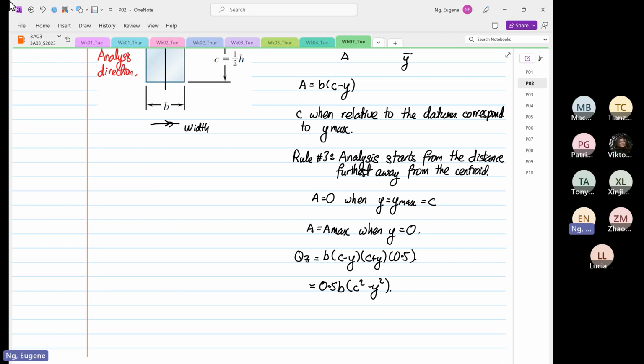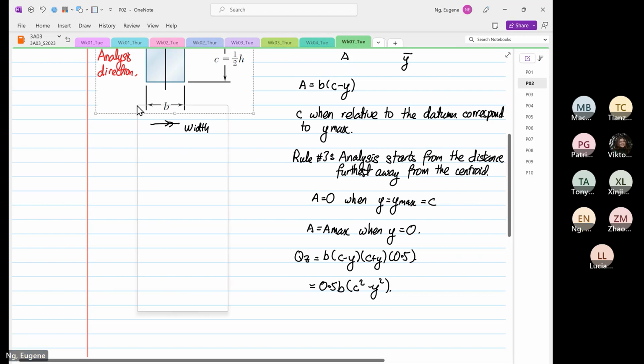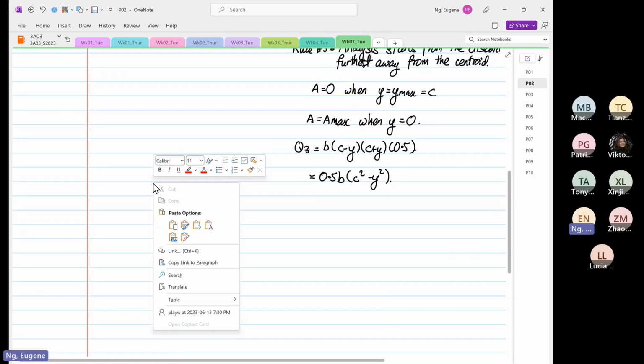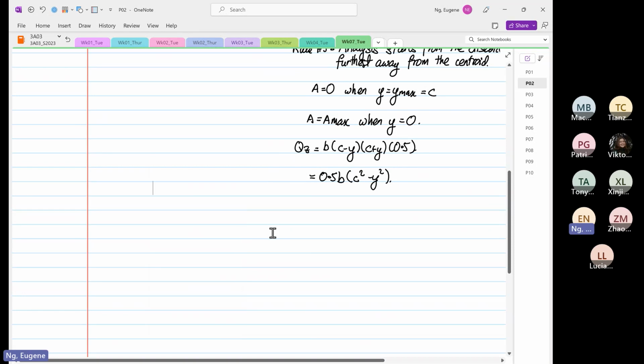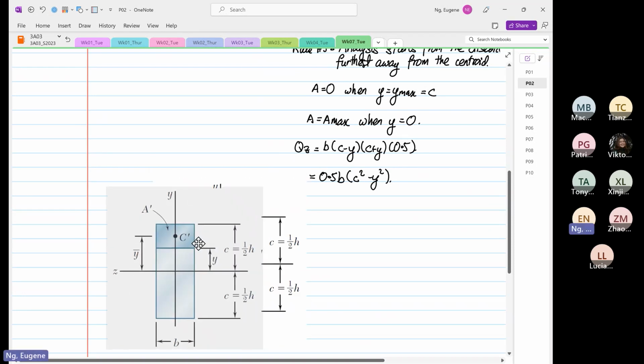Okay, that is our equation for first moment of area. Now the next thing is this. I'm going to write down rule number 4.